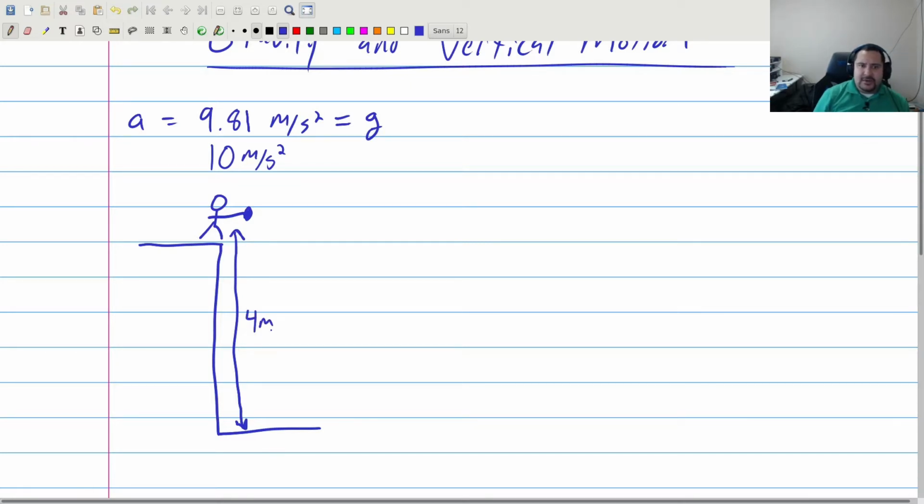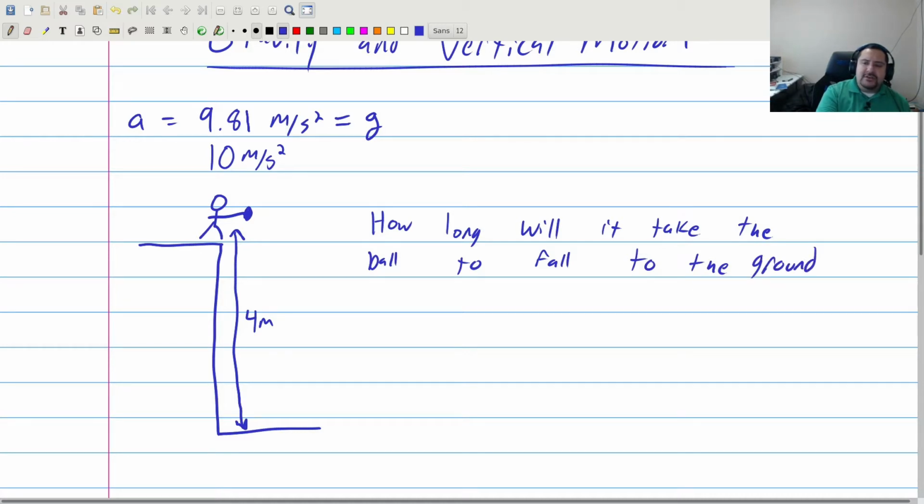So the distance from the ground to where the ball is, is 4 meters. And I want to know how long will it take the ball to fall to the ground.